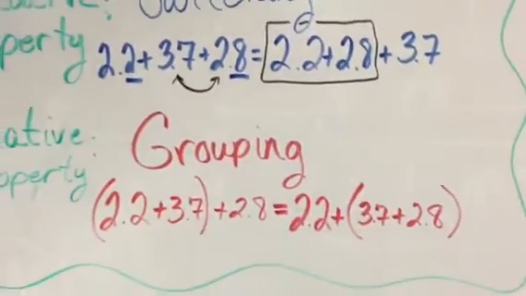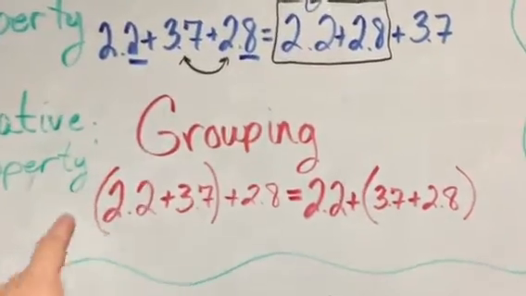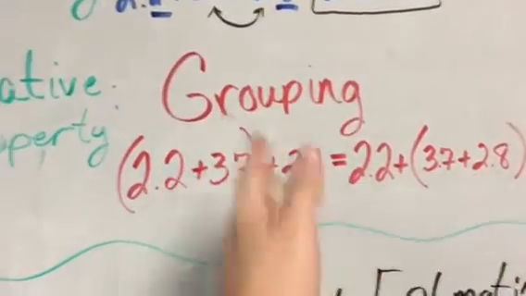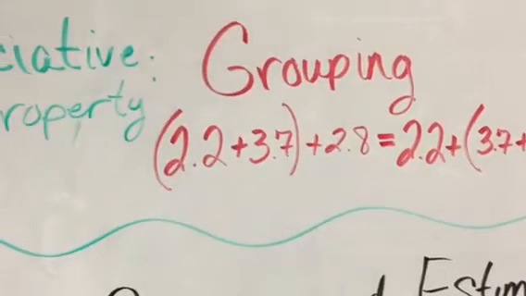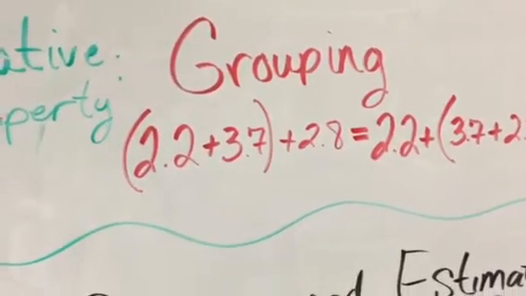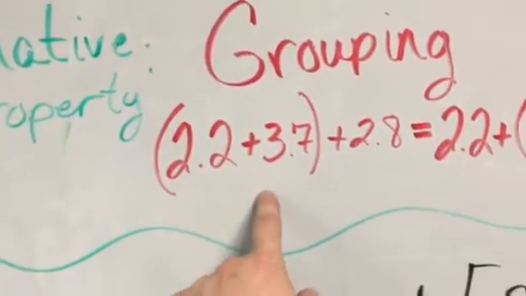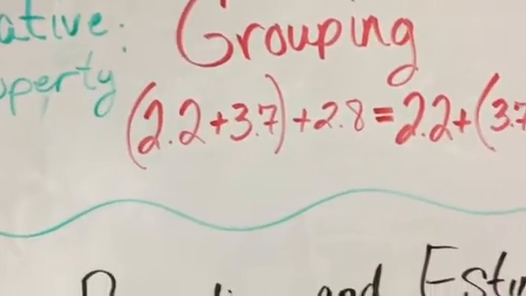The second is associative, and the word that goes with that is grouping. When you see parentheses like this, you have to do them first. So it doesn't matter what else is in there, you always have to do the parentheses first. So let's take the same numbers we had, and normally we would have to do 2.2 plus 3.7 first, but those numbers don't work very well for me.